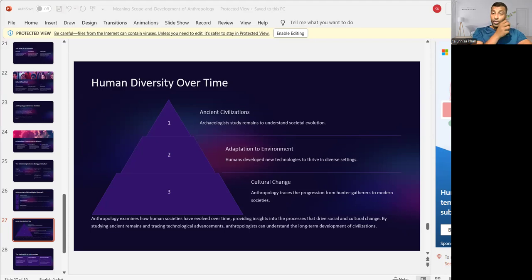By examining how humans adapted to different environments and developed new technologies, anthropologists can trace the development of human societies from early hunter-gatherers to modern industrial societies. This long-term perspective allows anthropology to provide insight into processes that drive social and cultural change.